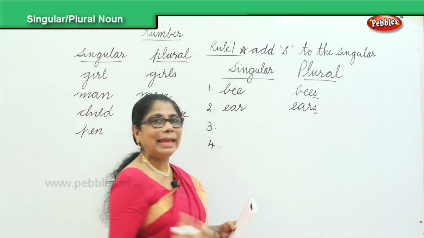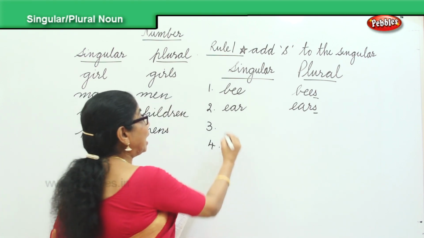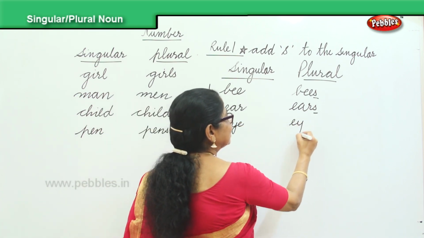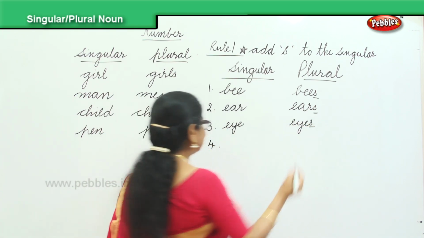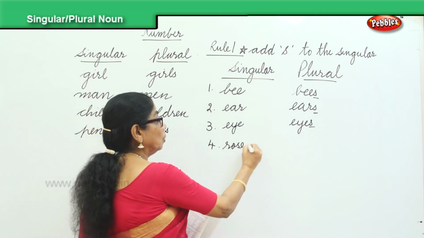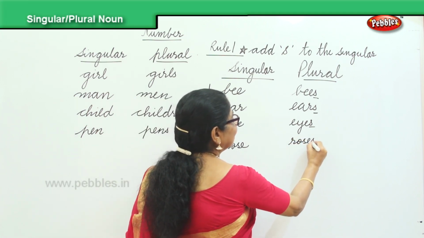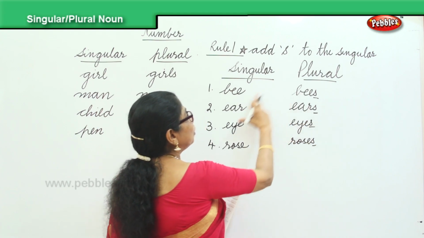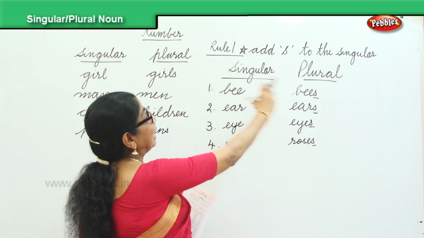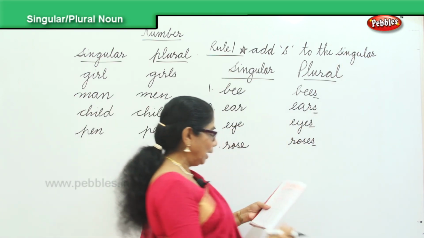Then we have eye. Eye, eyes. You added s. Then rose, one single flower. Rose, you add s. In all this, to form the plural noun, we have added simple s.